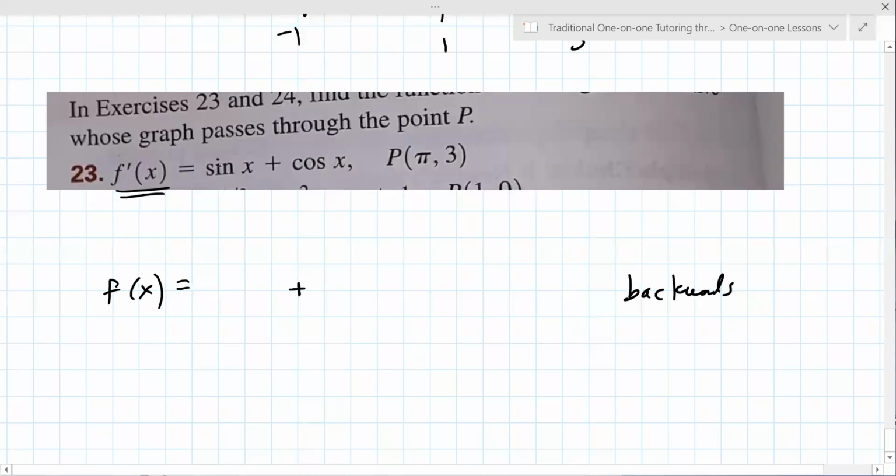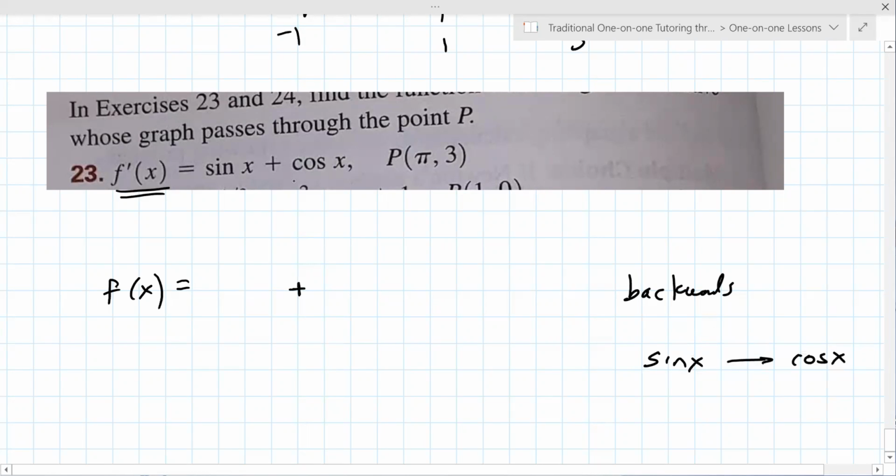Well, first, the derivative of sine? No, it's the backwards. The forwards is, if I tell you what is the derivative of sine, it's cosine, right?